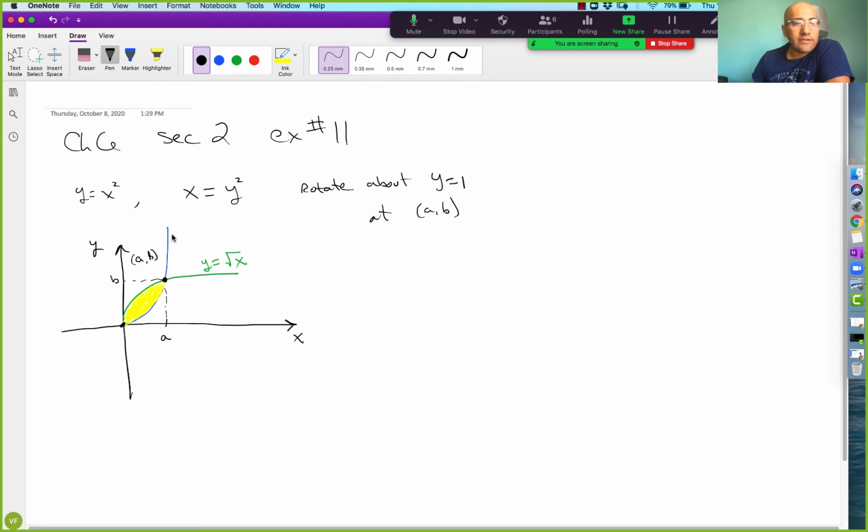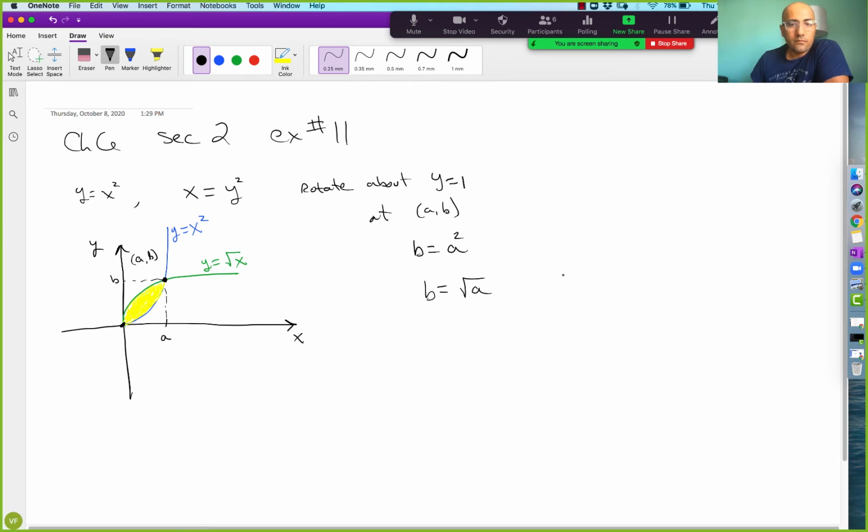So it satisfies both equations, right? And just to make sure it's clear, this equation here is y equals x squared. So it must be true at that point where they cross that b equals a squared. And also at the same time, at that point, it's on the green one, so it must also be true that b equals the square root of a.